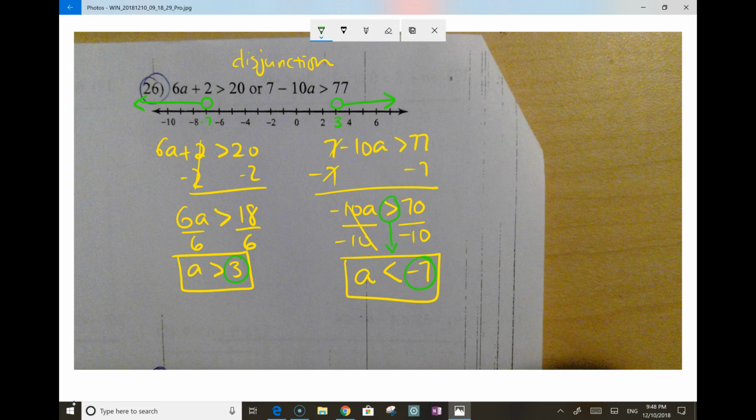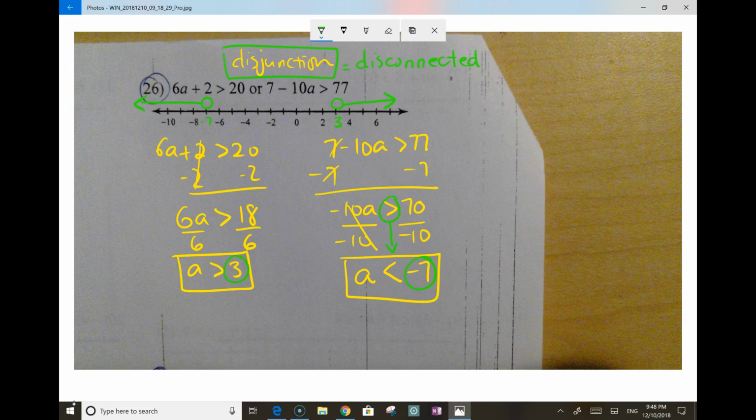And so going back to why this is called a disjunction, it's a disjunction because these two graphs are independently disconnected from each other. This idea of disconnection is built into the word disjunction. Okay, and they go in opposite directions.